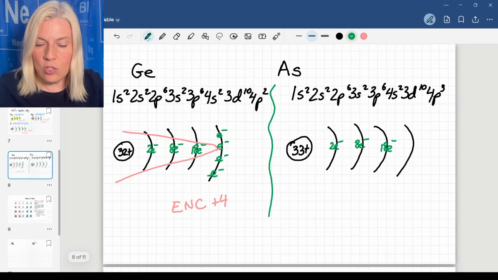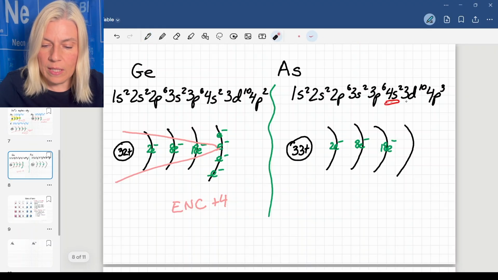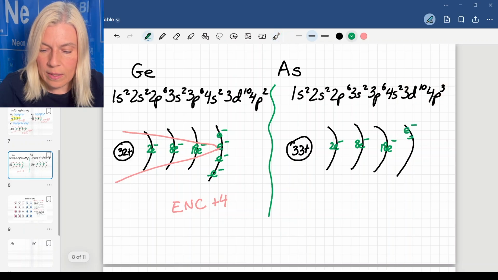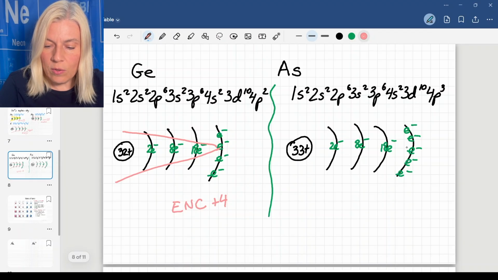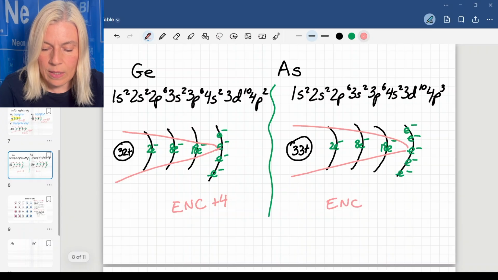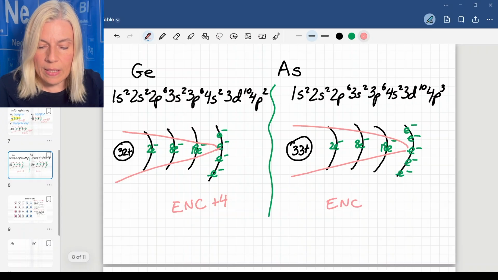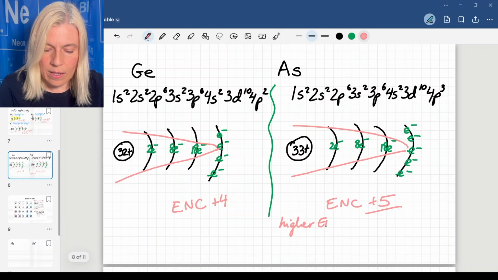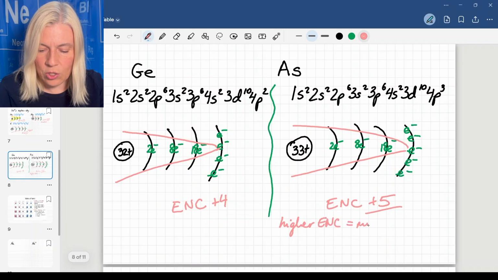And the last energy layer has 5, because look at this, here is 4, and then 2 plus 3 is 5 electrons. Let's draw 1, 2, 3, 4, 5. And we're going to do the last electron looking in. ENC is what? 33 minus 28, plus 5. So this is higher ENC. Higher ENC means more attraction, yes?